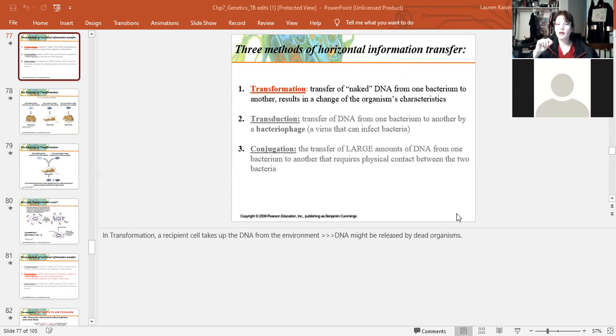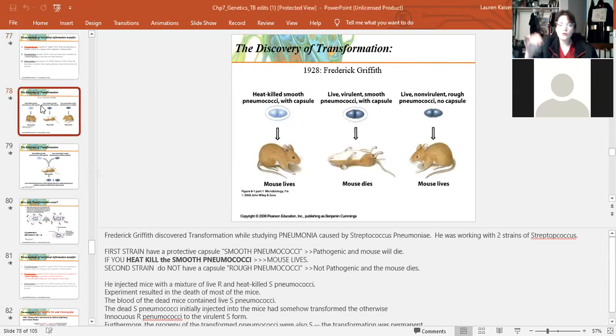Transformation comes best in the example of the experiment done here. So what happened was we injected mice with a heat-killed smooth pneumococci with capsule, a live virulent smooth pneumococci with capsule, and then a live non-virulent rough pneumococci with no capsule.